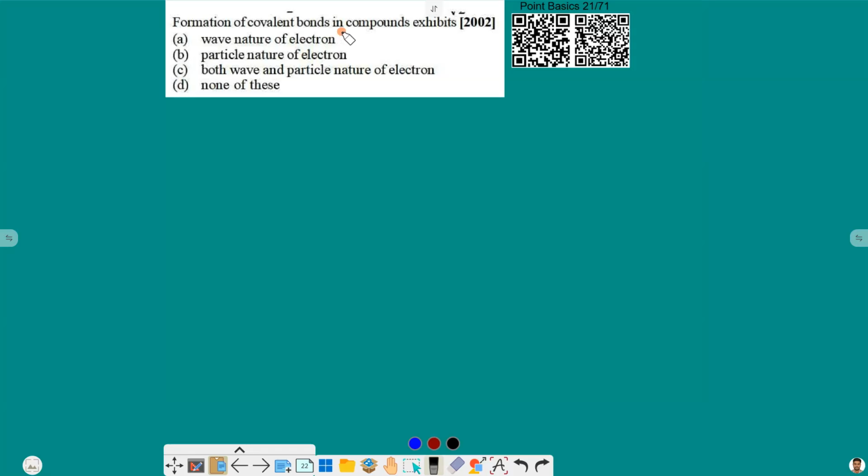Formation of a covalent bond in a compound exhibits... As we have seen, when we discuss covalent bonds, which you have also discussed in chemistry, we make hybrid orbitals: px orbital, py orbital, pz orbital, s orbital, and d orbitals.